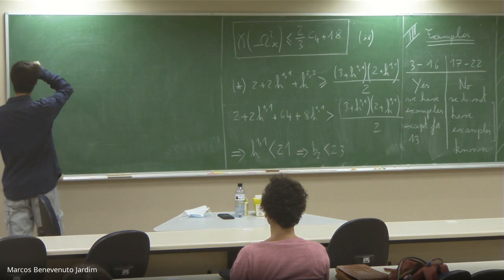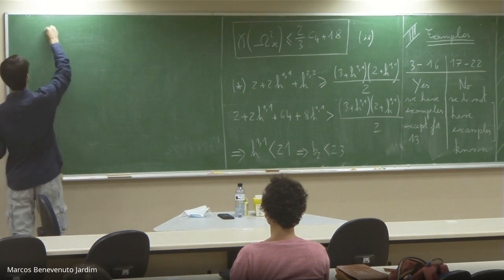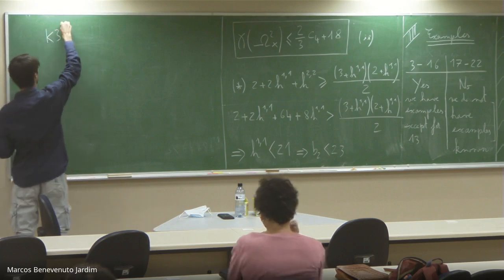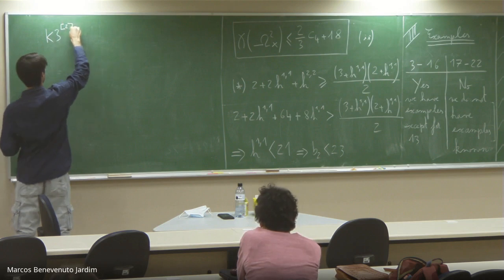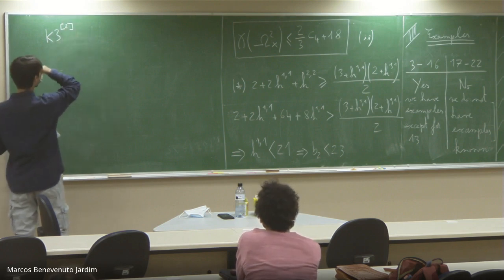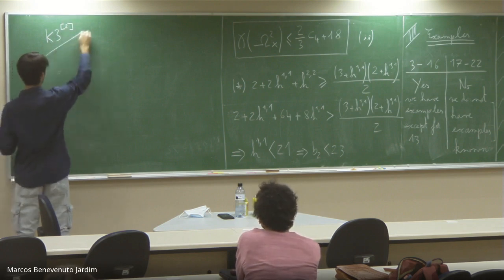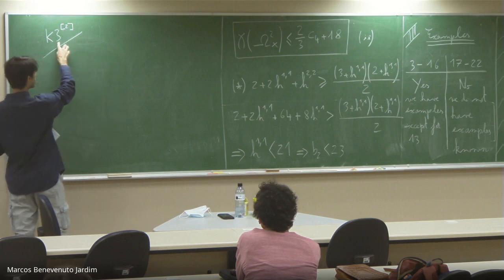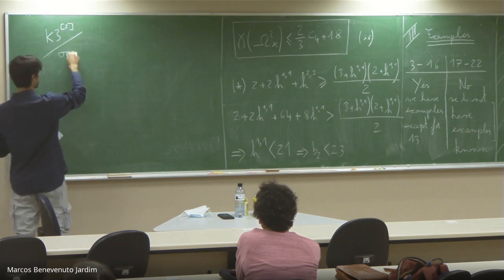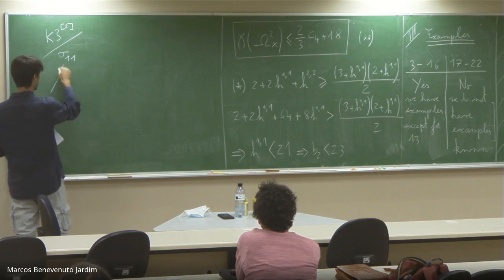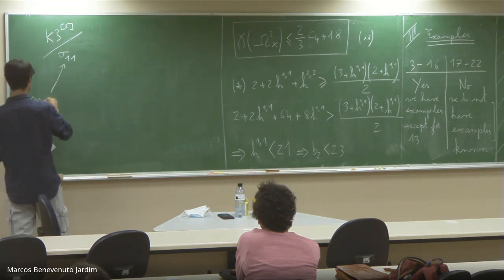Just taking some quotient. For example, if I take something which is deformation equivalent to K3^[2], so the Hilbert scheme of 2 points on a K3, there is a symplectic automorphism of order 11.